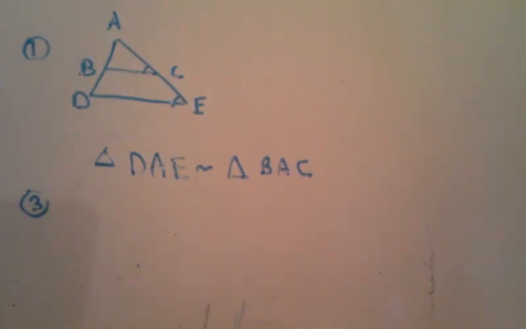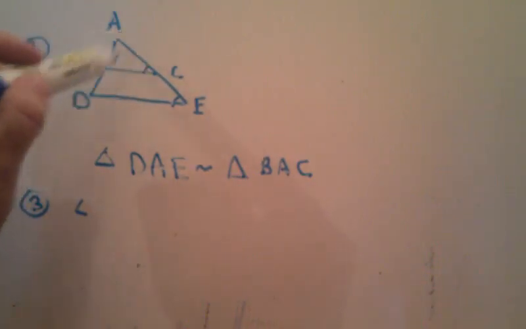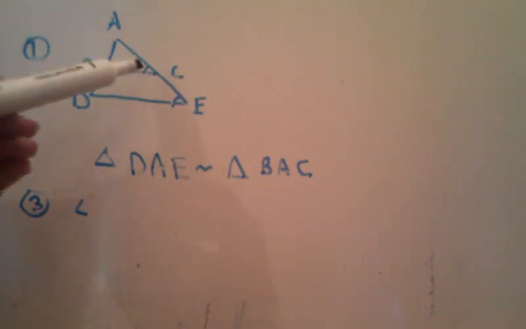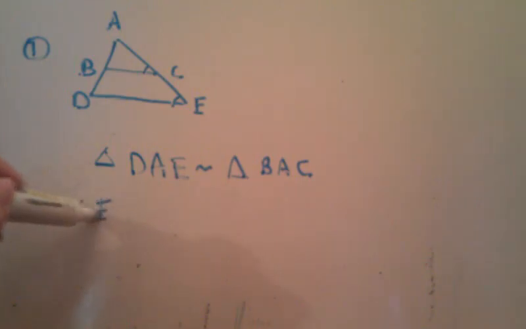Well, I just gave you the answer. That was my fault. I read it wrong. If angle C equals what angle, then triangle ABC is similar to triangle ADE. For that to be true, angle C has to equal what angle? Well, it has to equal angle E. I read that problem wrong. You lucked out on that one.